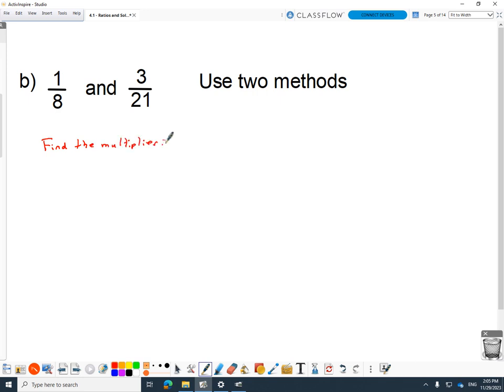So if I want to find the multiplier to get from 1 to 3, what do you do with the 3 and 1 to find the multiplier? So the top was multiplied by 3. Let's check if the bottom was. What's 21 divided by 8? It is not 3.